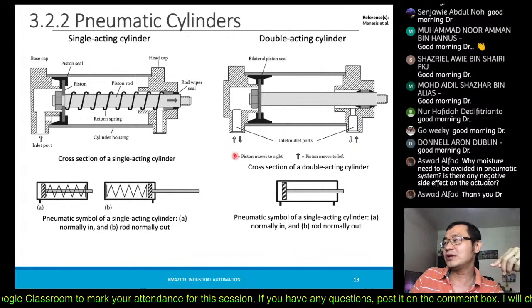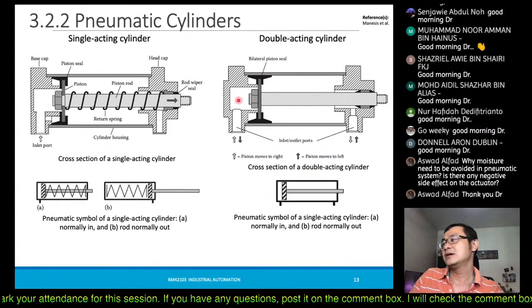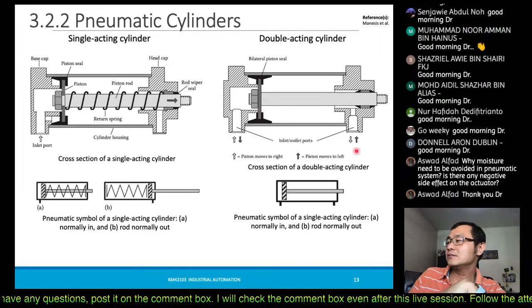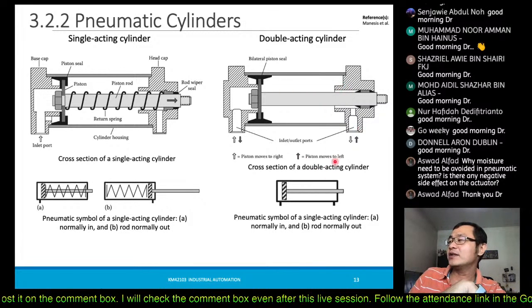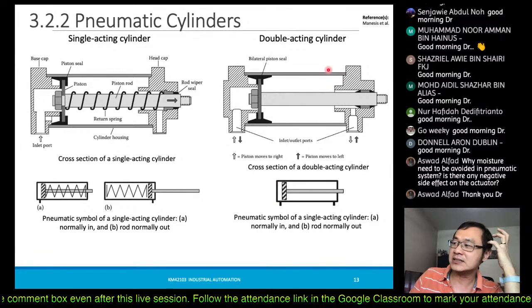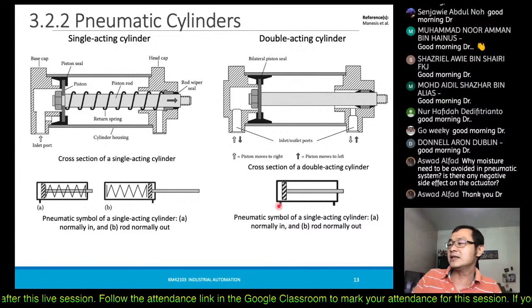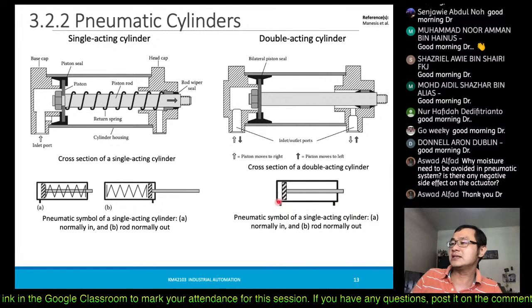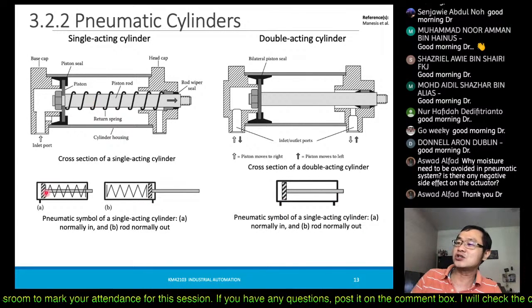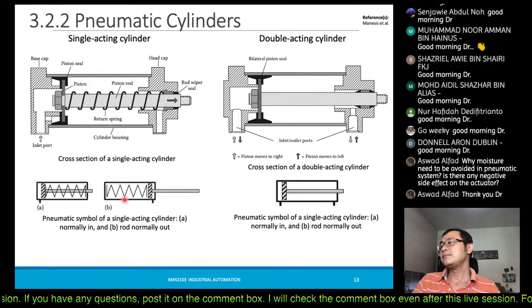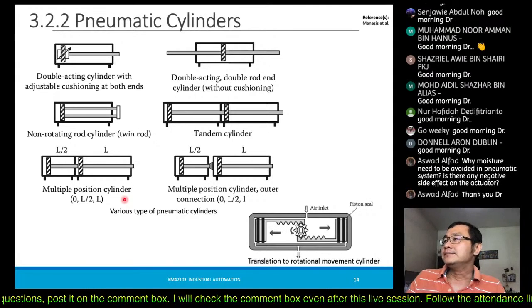So you may put a higher pressure over here, so this one will move to the other side. When we put a higher pressure on the other side, then it will return back. So this is a double acting cylinder. That's why in the symbol you will see two ports in here, whereas for a single acting, usually we only have one port and there is a spring inside it.